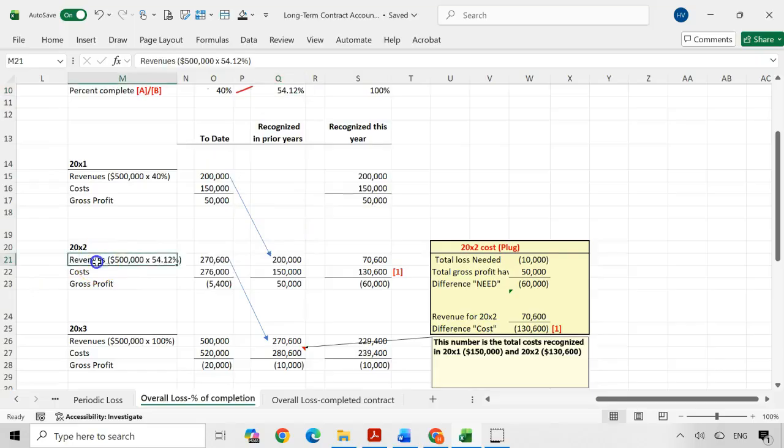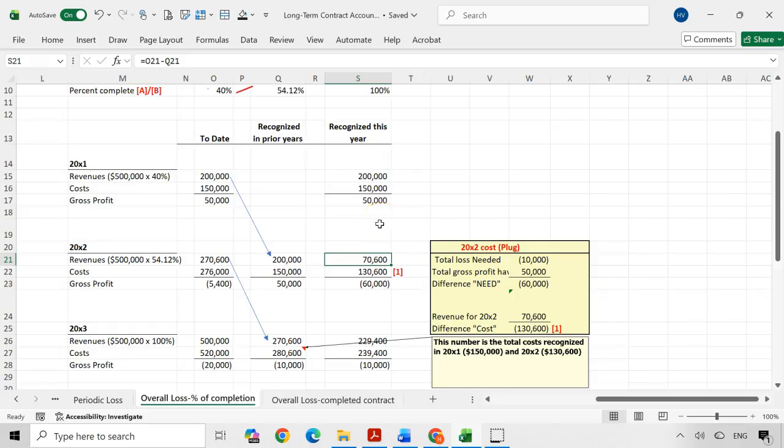So I'm going to take my $500,000 times 54.12%, and that gives me revenue to date of $270,600. Okay, and I have already recognized $200,000 in the prior year. So in 20x2, I will recognize $70,600 of revenue.